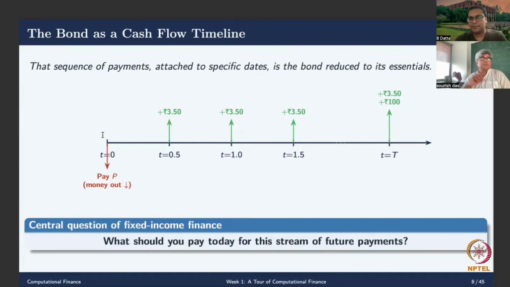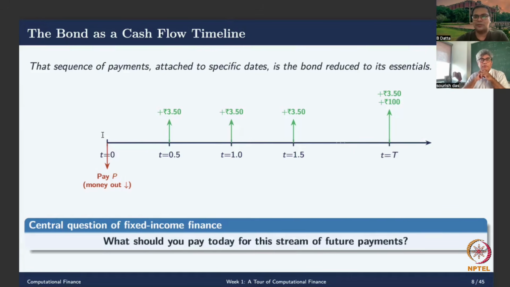Because of inflation, we have a sense of the value of money, and that has to be taken care of as we see how much 100 rupees is worth today and how much the same 100 rupees is worth a year from today.